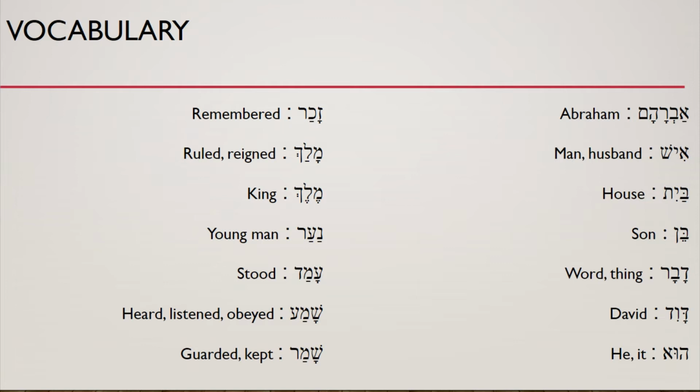You'll notice on a few of those the accent is placed at a different spot than what we're used to. For instance, the word Bayit has the accent over the first letter. I apologize, I don't have it here on the slide, but it is in the book, so you should see it there. Also, Melech, which is king, and Na'ar, young man, also have the accent on the first syllable. So that's the vocabulary for this chapter.